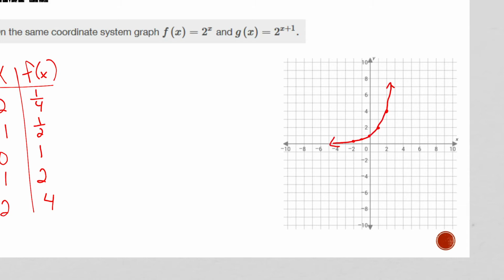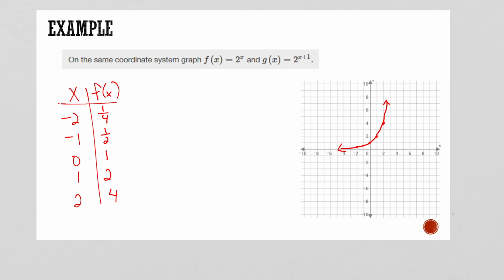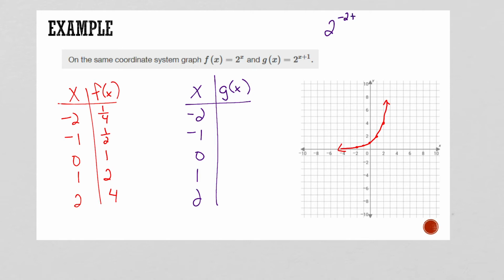All right. Now, let's do x and then g of x. Do the same numbers here. So now I'll do the math up here: 2 to the negative 2 plus 1, which is 2 to the negative 1 power, which is 1 over 2.